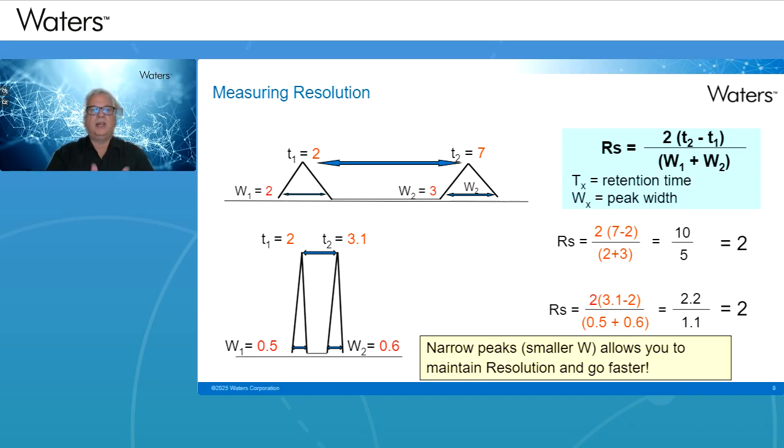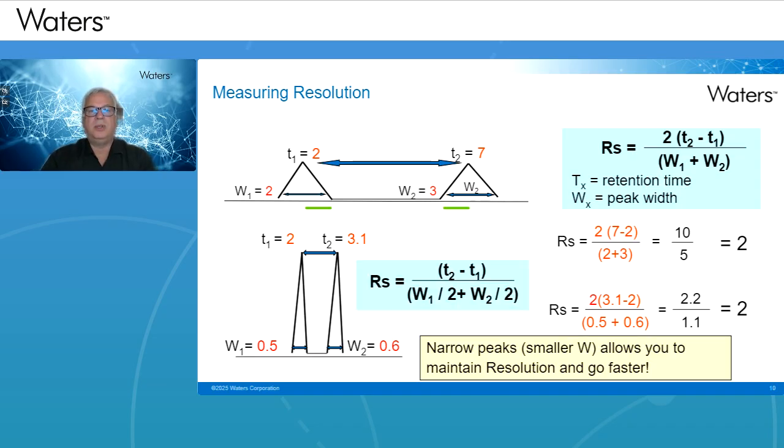And we are used to see, like in this example, a difference of 5 minutes between my two peaks. I know that the resolution is very good. And when I look down to the other chromatogram, I see a peak that comes at 2 minutes and 3.1 minutes. And many times we are not very comfortable because we think they are too close to each other. We think visually that we have lost resolution, but if we consider the peak width, we may say that like in this example, the resolution on the upper chromatogram and the bottom chromatogram are identical. So that's the key message here.